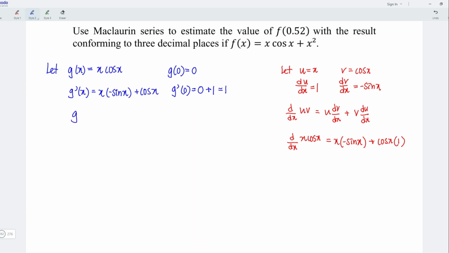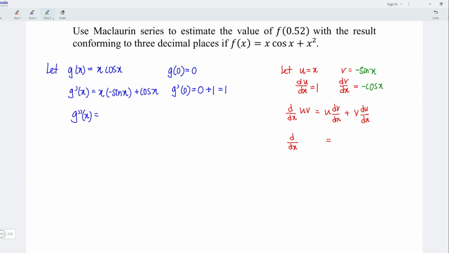Let's differentiate the function for the second time. Again, for the first term, we can apply the product rule, but this time we should let v be equal to negative sine x, and therefore dv/dx is equal to negative cos x.